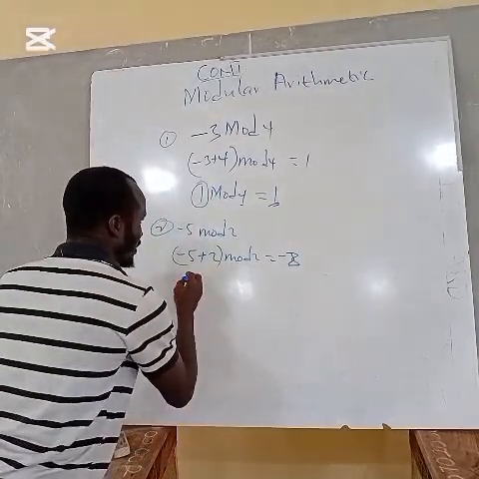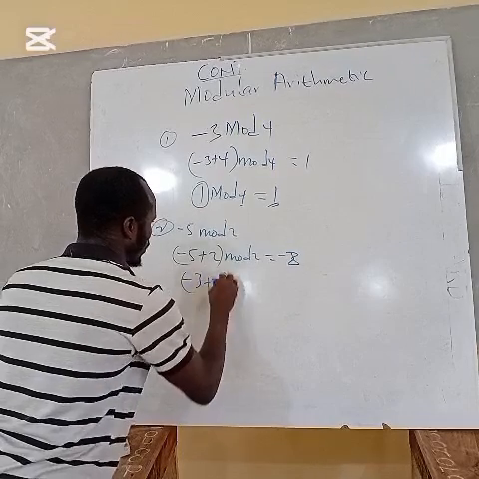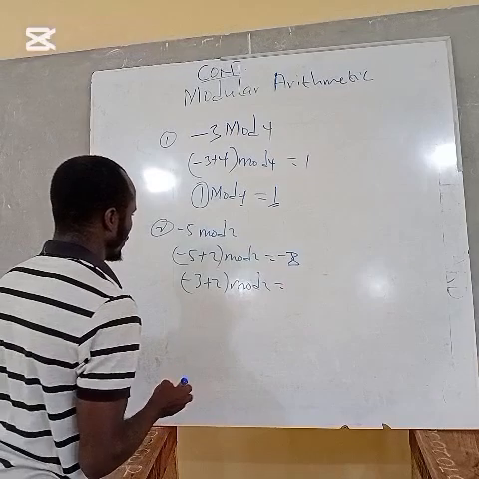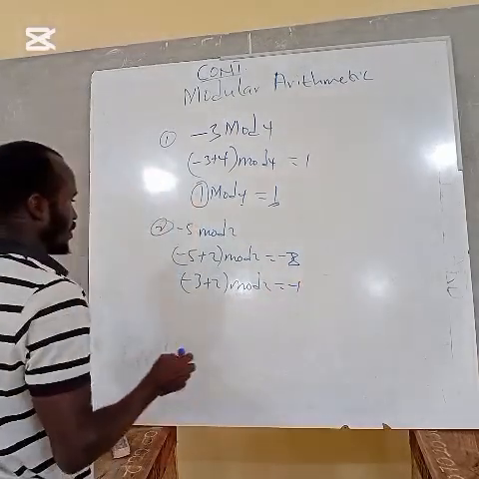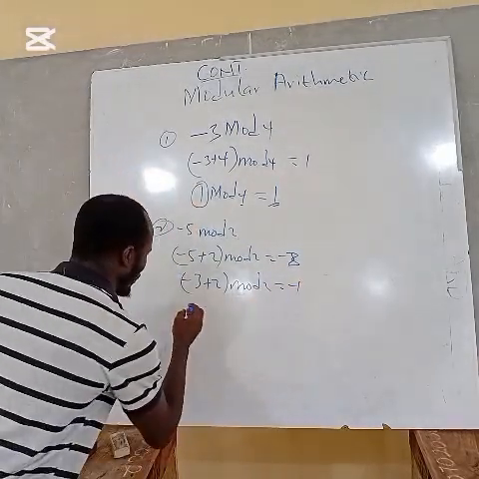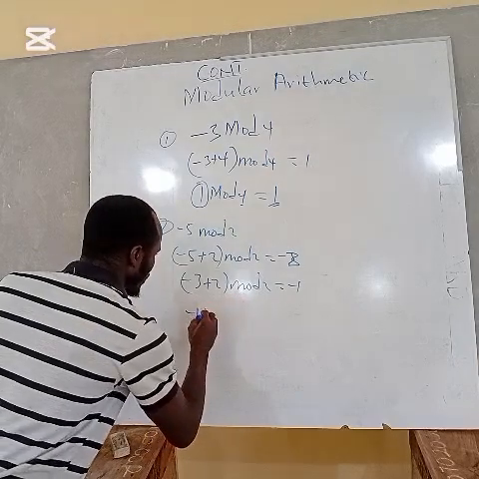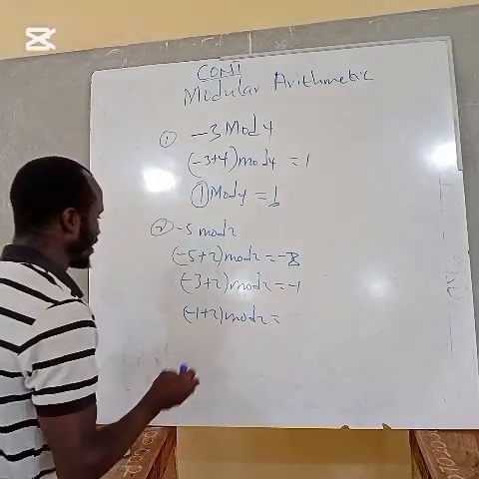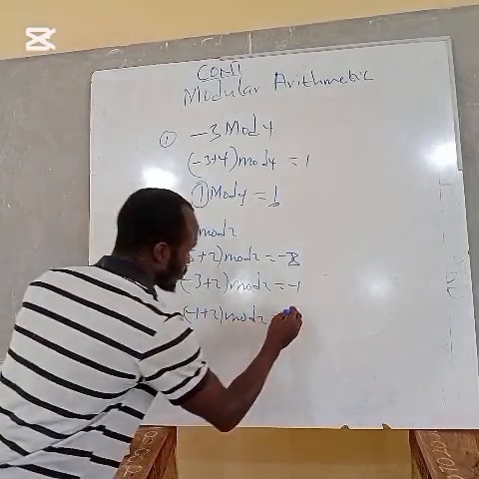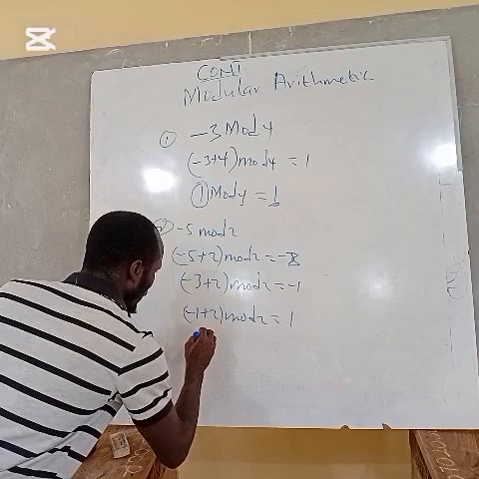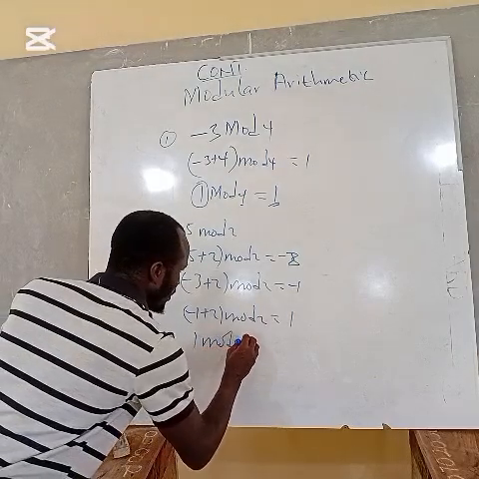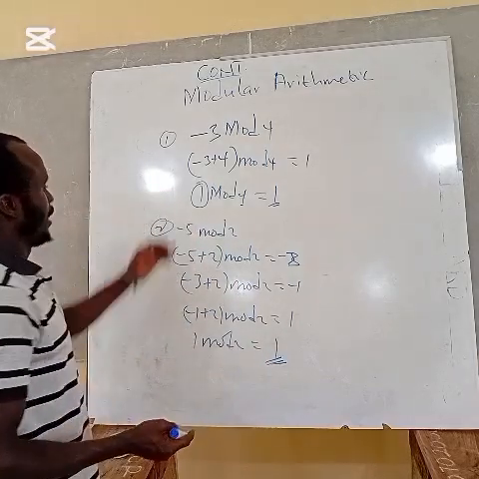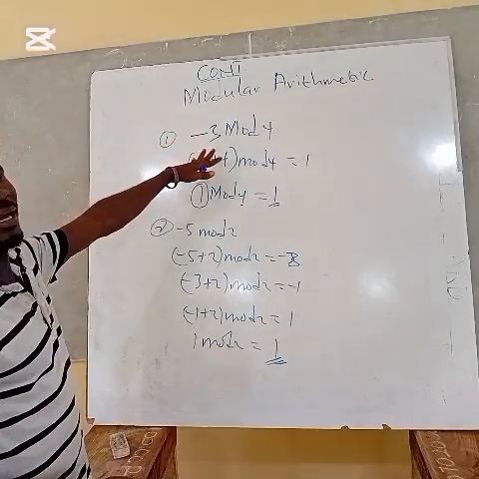Now we use negative 3 plus 2, mod 2, which will give us negative 1. So with the negative 1, let's continue. We add 2 to it again, mod 2, which gives us 1. So now 1 mod 2 is equal to 1, and it becomes our final answer. This is how we solve a negative number in a mod.